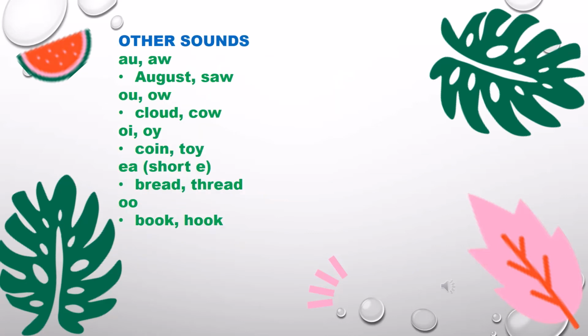Some more sounds like aw, August, saw, cloud, crow, cow, coin, toy. Short E like bread, thread. Short O sound like book, hook, and many more.